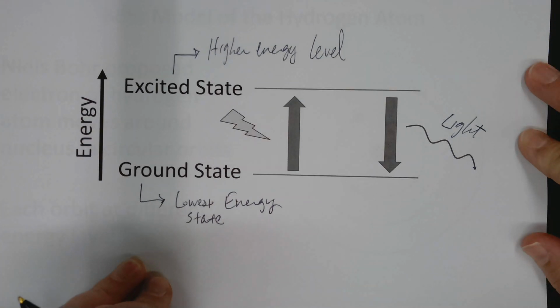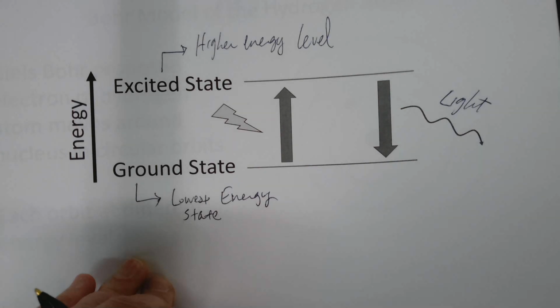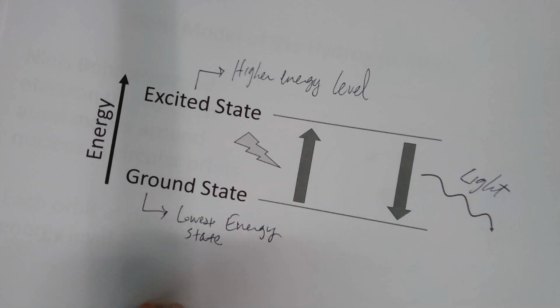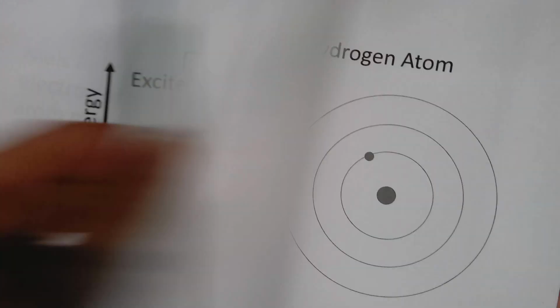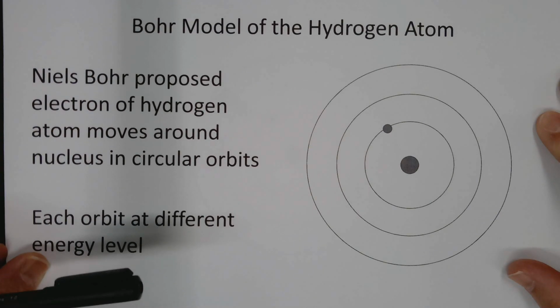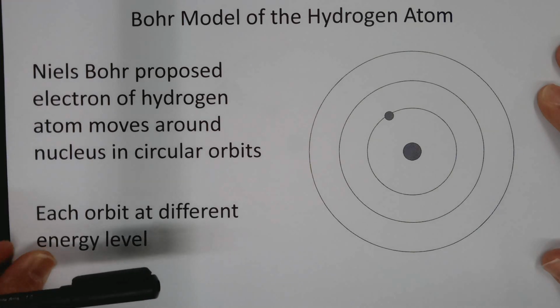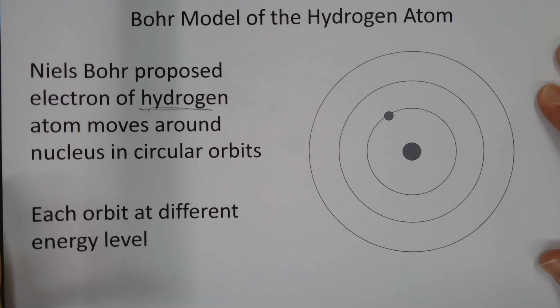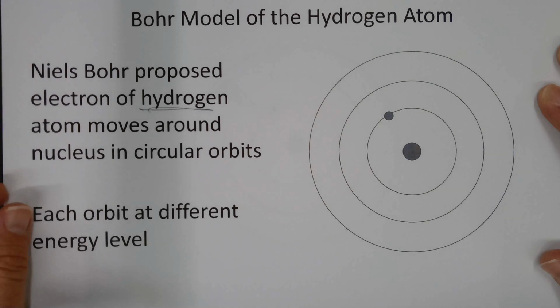Now, this idea was really important because it led to the first quantum model of the atom. There was a scientist named Niels Bohr, and he was working specifically with the hydrogen atom, which is the simplest atom, 1 proton and 1 electron.